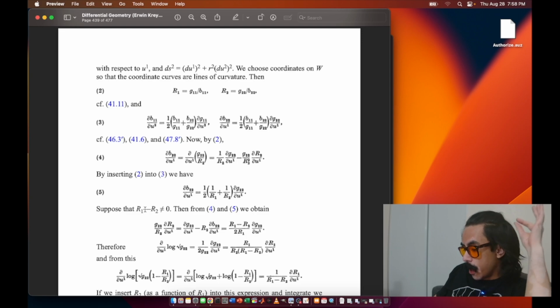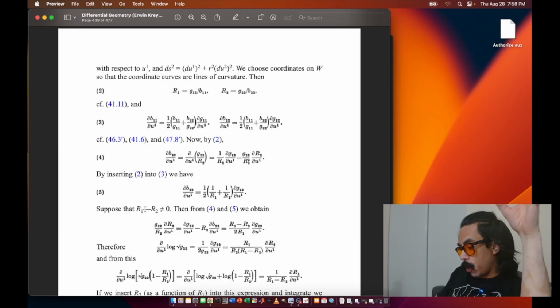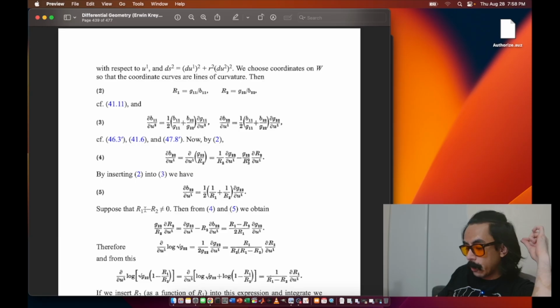So now by expression line 2 above, we have that partial B sub 2 2 partial u1 equals partial with respect to u1 of G sub 2 2 over R sub 2. This is then equal to 1 over R sub 2 times partial G sub 2 2 partial u1, minus G sub 2 2 over R sub 2 squared times partial R sub 2 partial u1.